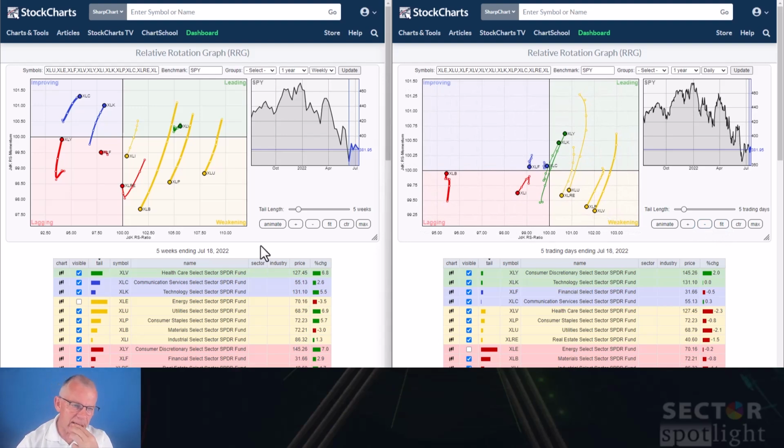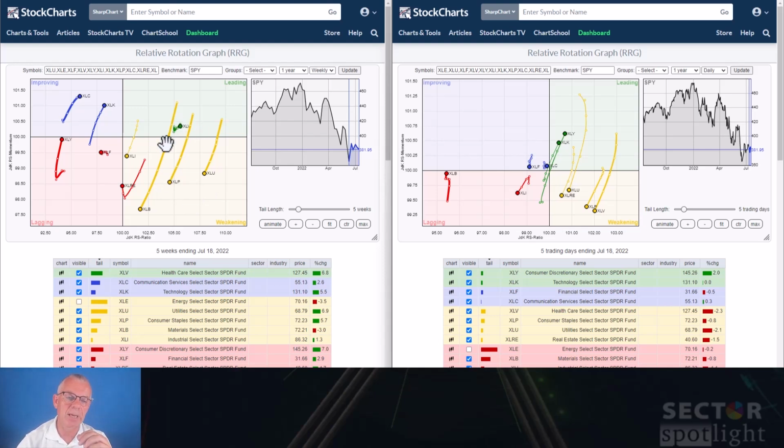If we look at this, then we can see that those rotations into offense, into growth names like technology, discretionary, to a lesser degree communication services, is already translating into weekly tails that are starting to move slowly higher on the RS ratio scale as well. And here also we see that especially utilities and staples are losing relative momentum. They are still high on the RS ratio scale, so there are definitely still strong sectors in terms of relative strength.